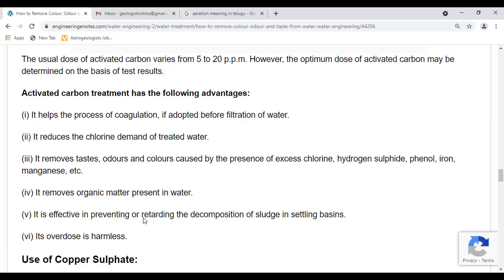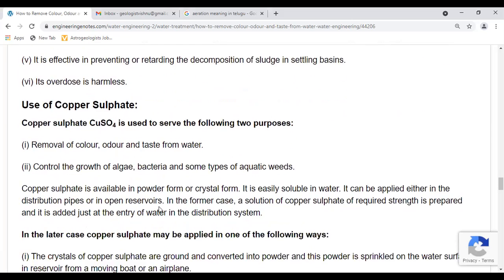It is effective in preventing or retarding the decomposition of sludge in settling basins. Its overdose is harmless.